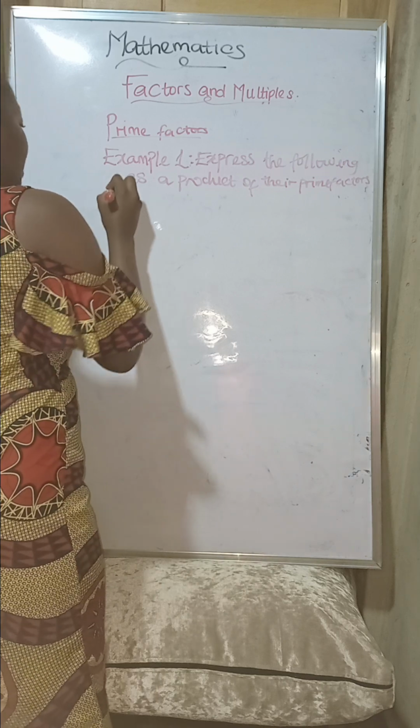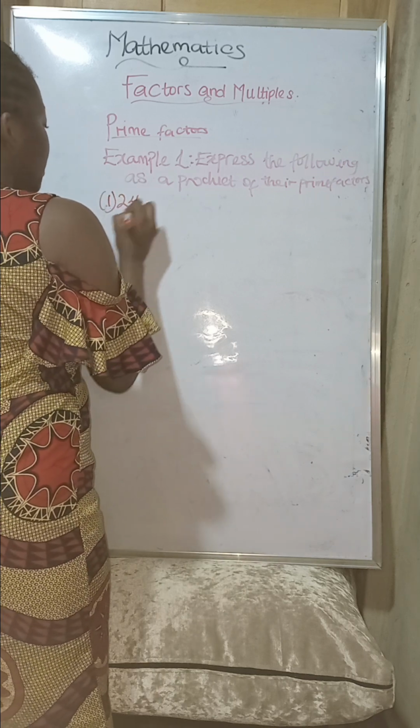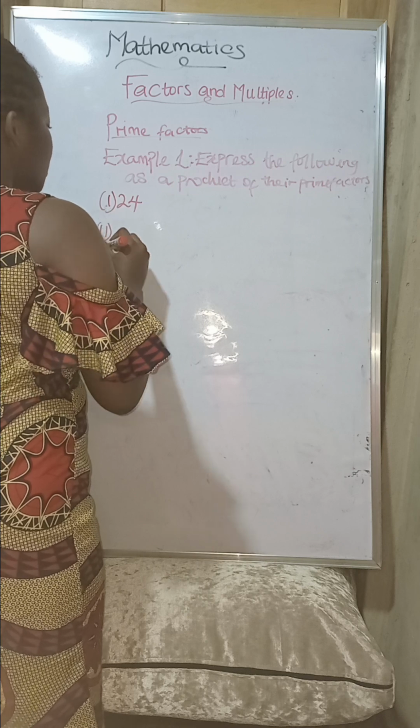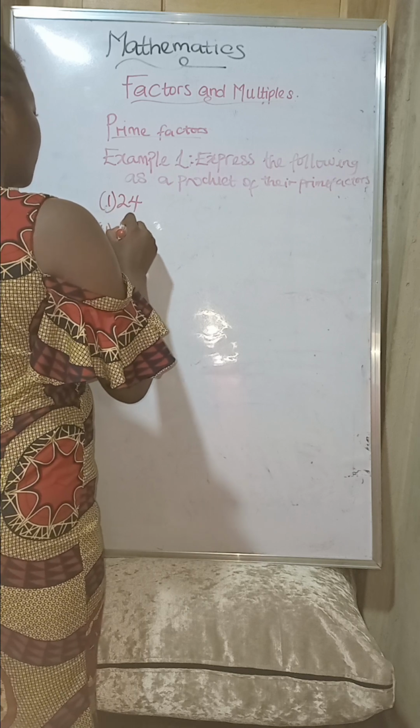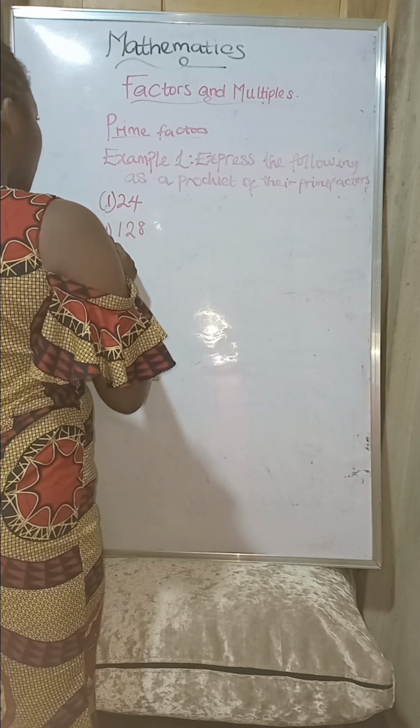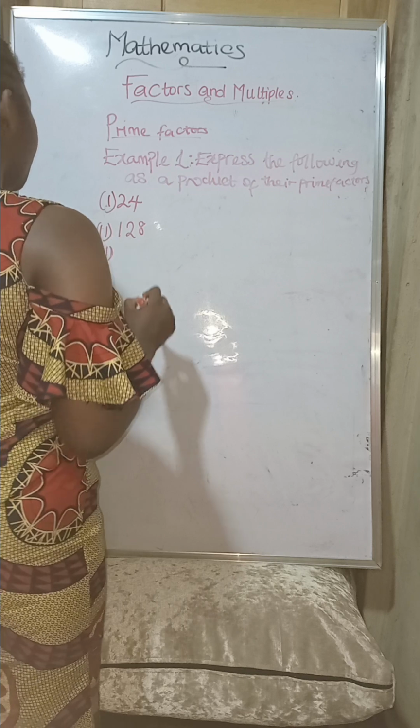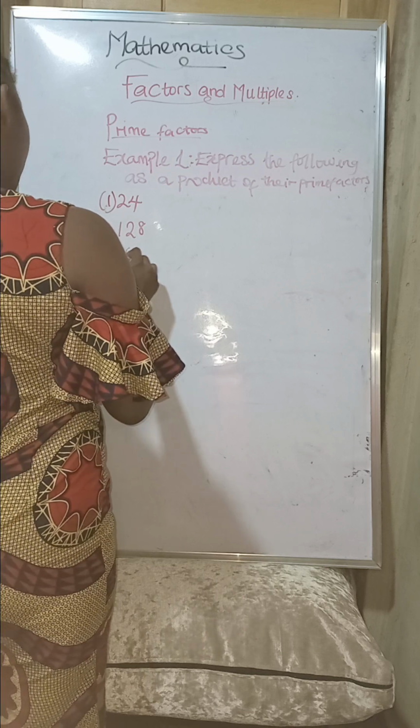So the first example is 24. The second example is 128. And the third example is 880.